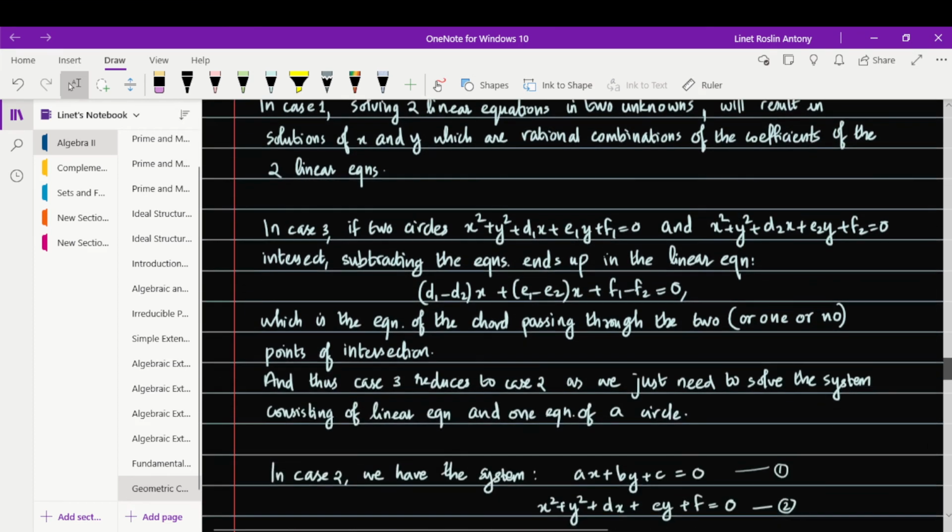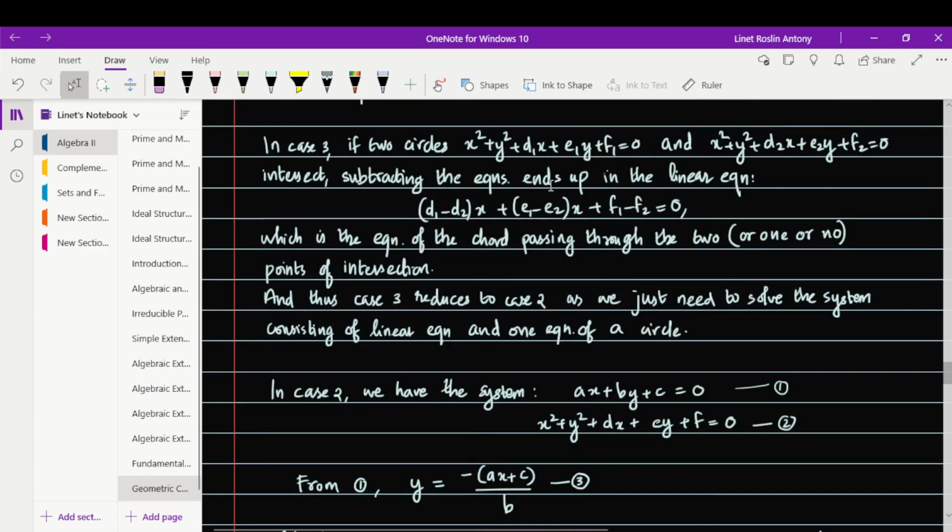In case 3, if two circles are intersecting, subtracting the two equations, we'll end up with d1 minus d2 of x plus e1 minus e2 of y plus f1 minus f2 is equal to 0. Just subtracting this equation minus this equation will end up in this.